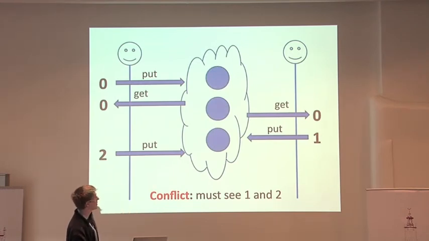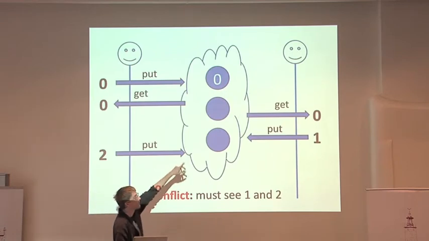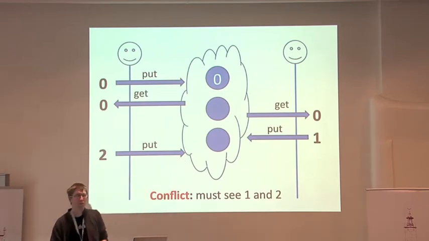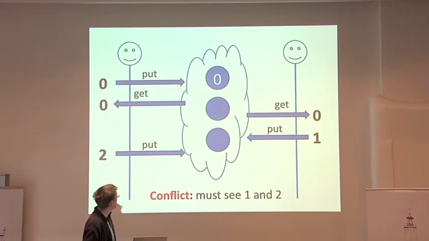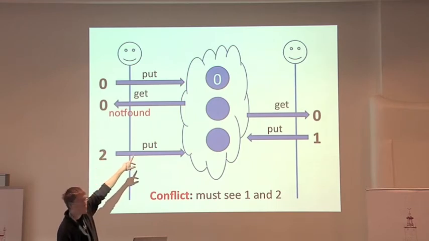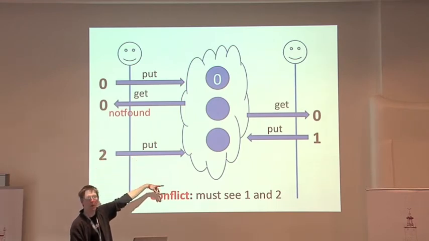Well, here's what's actually happening. We do the put, but then these two nodes are down. So it's only put to the top node. And then when we do the get, the top node is down and the other two are up.